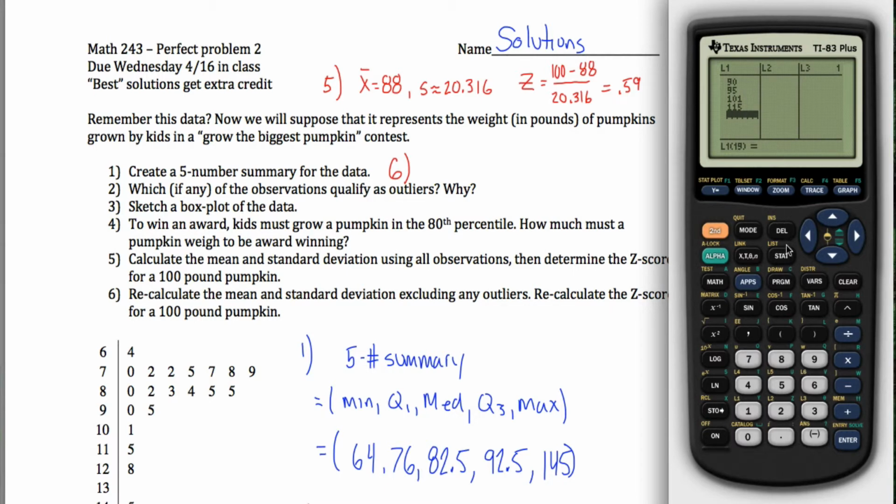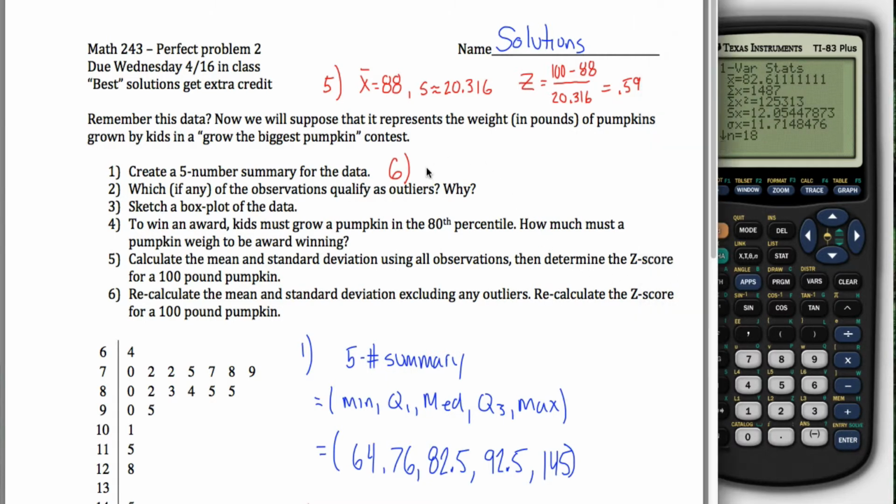And now on this new L1, I'm going to do one variable statistics again. Stat, calc, one variable statistics, L1. It'll give me a new mean and a new standard deviation. It'll tell me x bar equals 82.6 approximately. And that S is equal to 12.054 approximately.